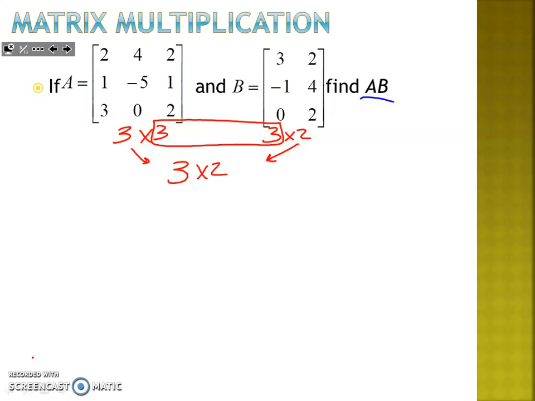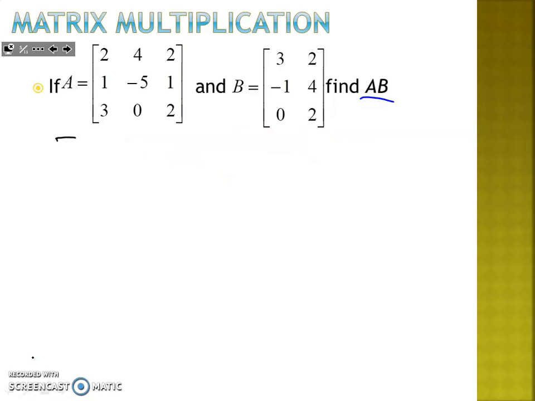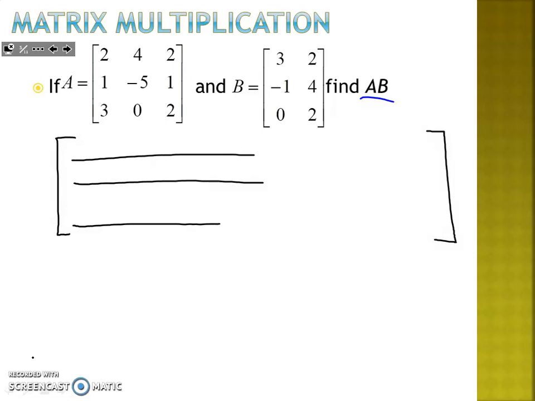So the first step that I would do if I was you guys is I would draw out my product. And this first one needs to be a really big matrix because I'm going to have to show some work. But this is going to be a 3 by 2, meaning we have 2 columns, matrix. Okay?